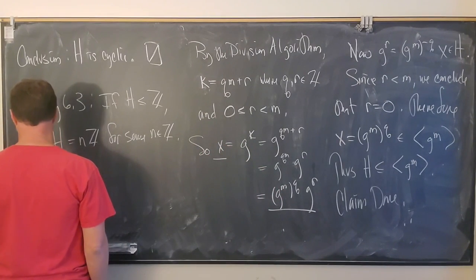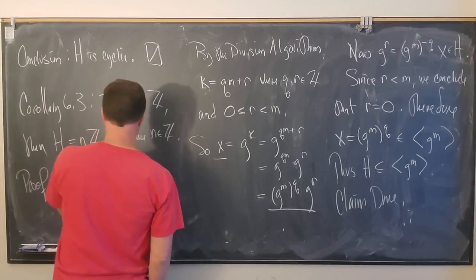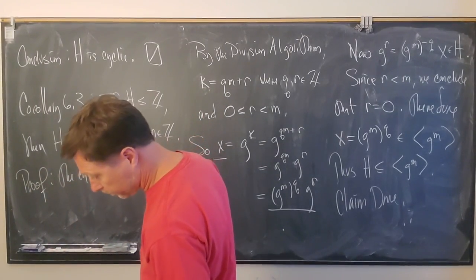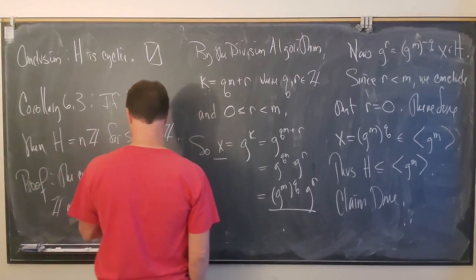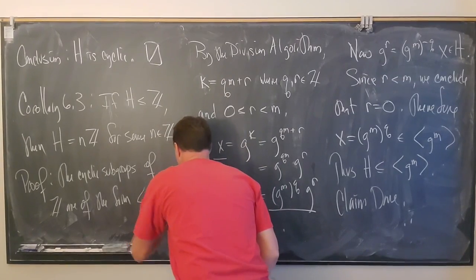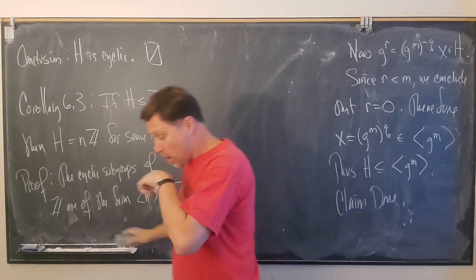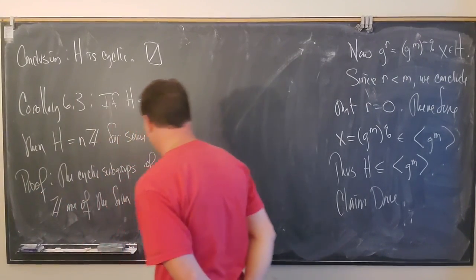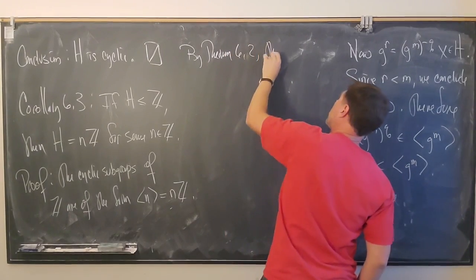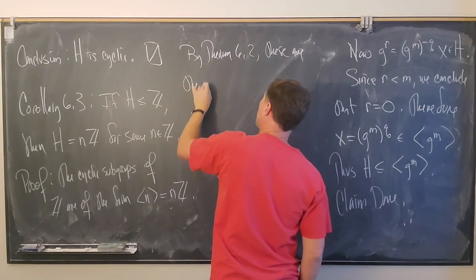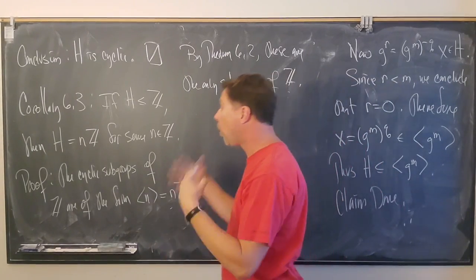And the proof: the cyclic subgroups of Z are of the form the subgroup generated by N, and what this means, right, is all integers that are multiples of N. And so by our previous theorem, theorem 6.2, these are the only subgroups of Z. Z is a cyclic group, so it only has cyclic subgroups.